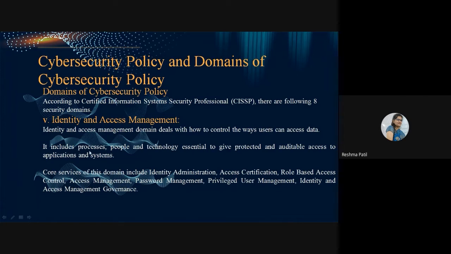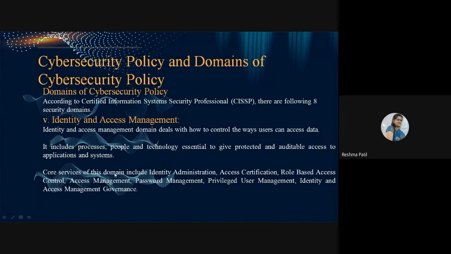So everything will be covered under this. What are the processes? Who are the people? Which technology is essential for this particular organization? Everything we have to protect. And along with protection, we have to audit that system. We have to audit the access of that particular system to check for intrusion.